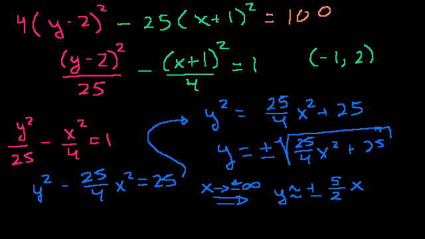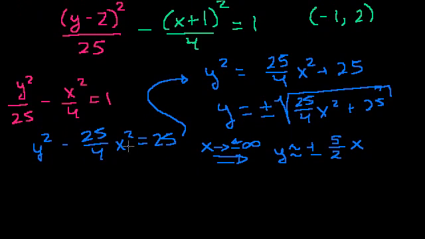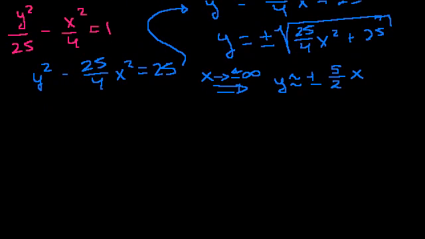So let's graph that. And then we can figure out if it's an upward opening or a downward opening graph. Okay, we're centered at -1, 2. This is my y-axis, this is my x-axis, and the center is at -1, 2.